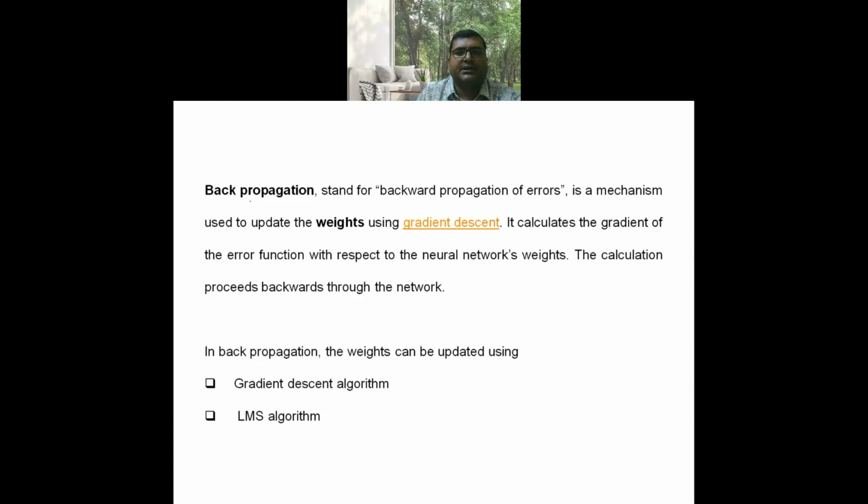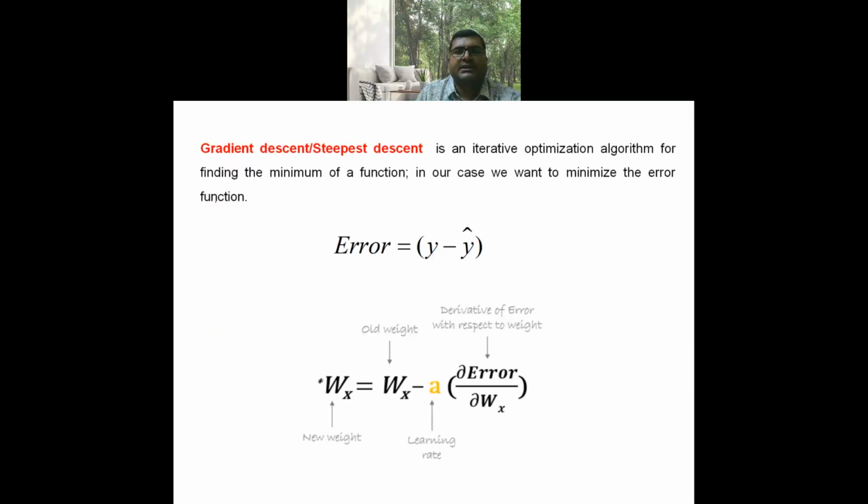Now we just discussed what back propagation is, and for weight updation we can use either the gradient descent algorithm or the LMS algorithm. In the gradient descent algorithm, the error is the difference between the desired signal and the predicted signal.